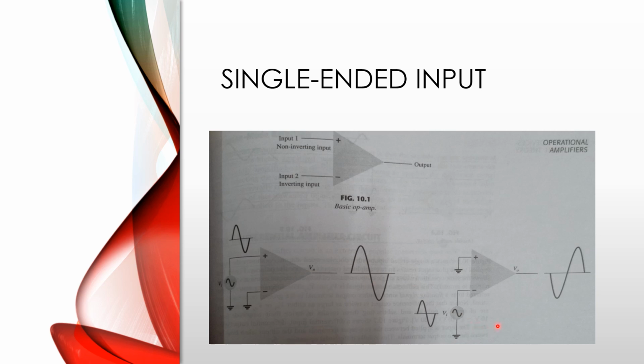And this is the figure where we show an input signal applied to the minus input, that means the inverting input, and the output is then opposite in phase to the applied signal. So this is the single-ended input operation.